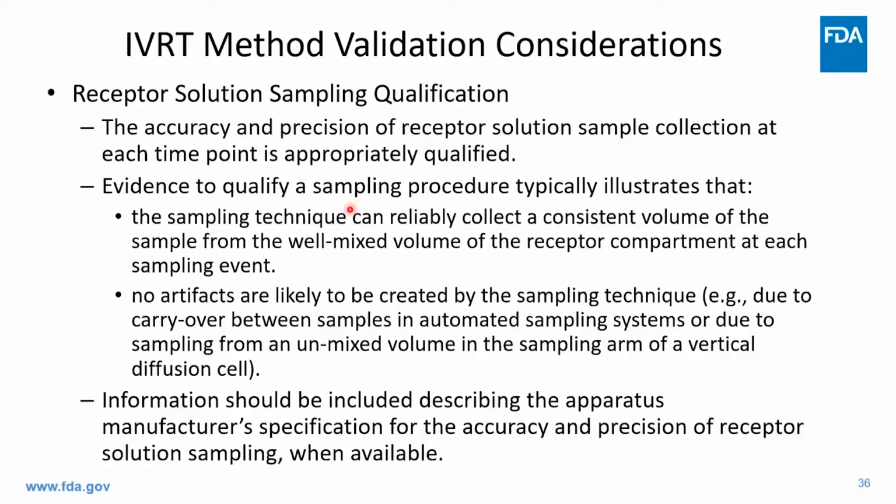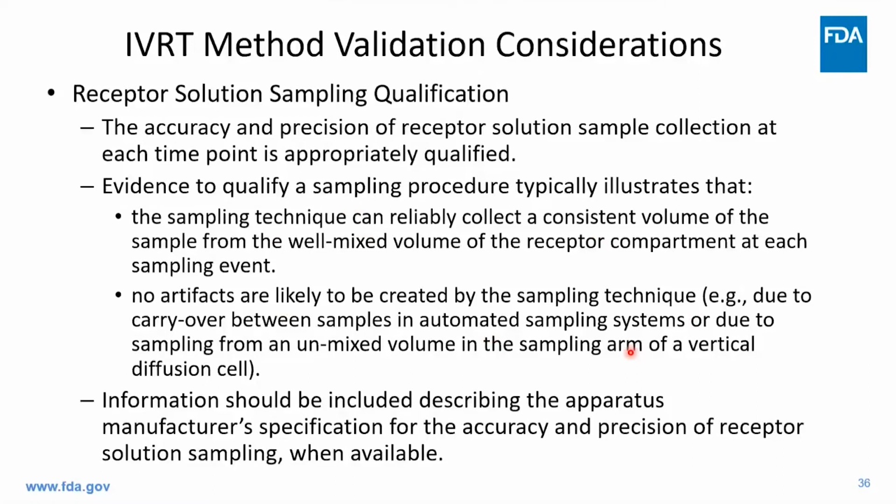And the evidence to qualify a sampling procedure typically illustrates that the sampling technique can reliably collect a consistent volume of the sample from the well-mixed volume of the receptor compartment at each sampling event, and that no artifacts are likely to be created by the sampling technique, for example, due to carryover between samples if you have an automated system, or due to sampling from the sampling arm and not really from where it may be unmixed in there.